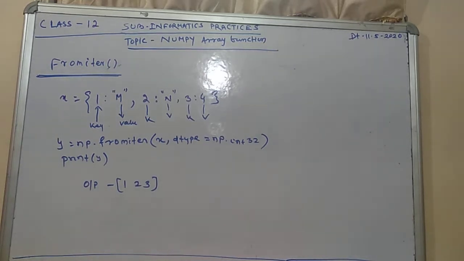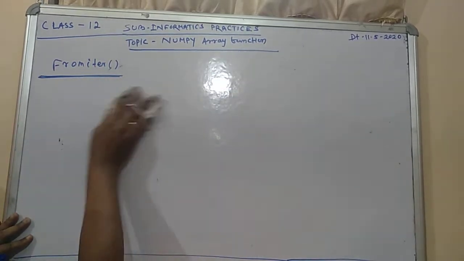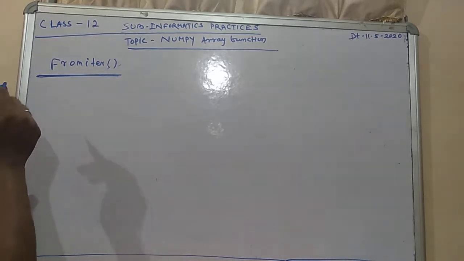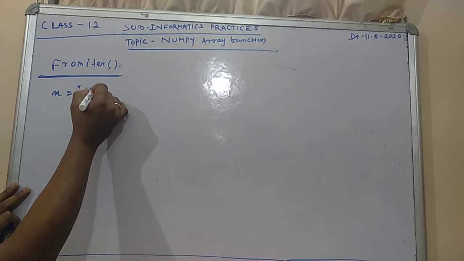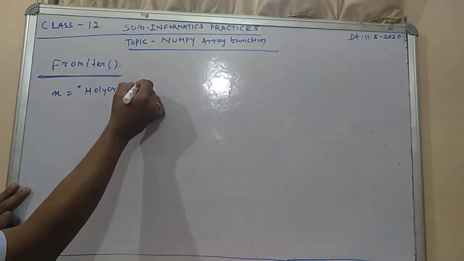And suppose we are taking something different, like a string type of array, by using fromiter. So how will the string type of array work, you see here. Just one more example from the copy, and I am writing here x equal to, Holy Cross. Did you find? Holy Cross.